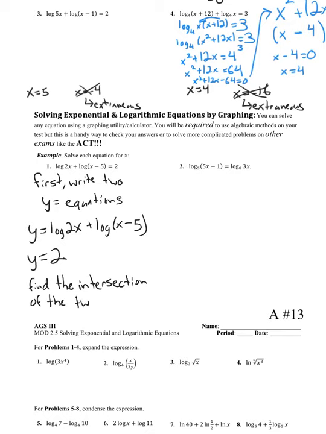So not everyone in here has a graphing calculator, I'm guessing, and that's fine. But if you do have a graphing calculator, it is very useful on a test like the ACT that you guys would be taking this year as juniors, maybe even sophomores.